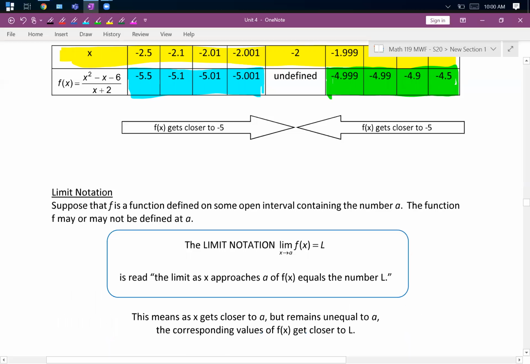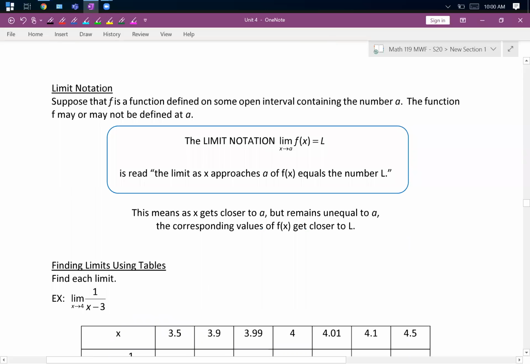So here is our limit notation. Suppose that f is a function defined on some open interval containing the number a. And remember that the word open interval means that the endpoints are not included. We're talking about parentheses on either end, not including the end. The function f may or may not be defined at this number a.